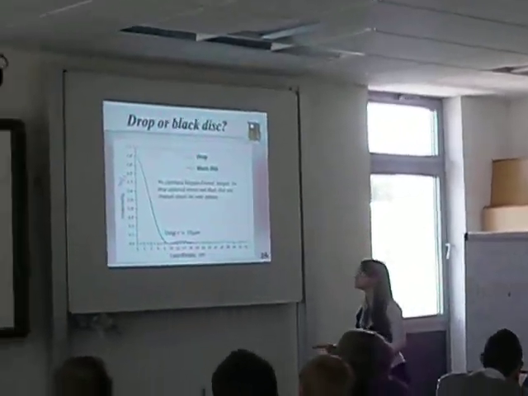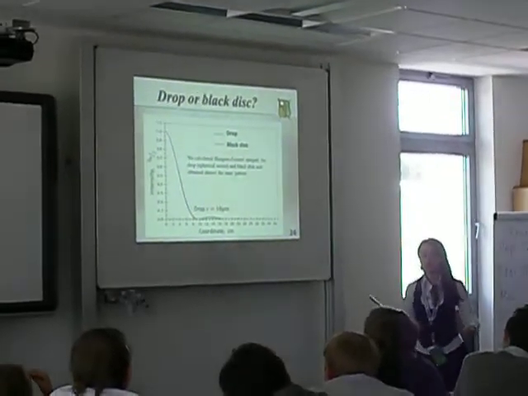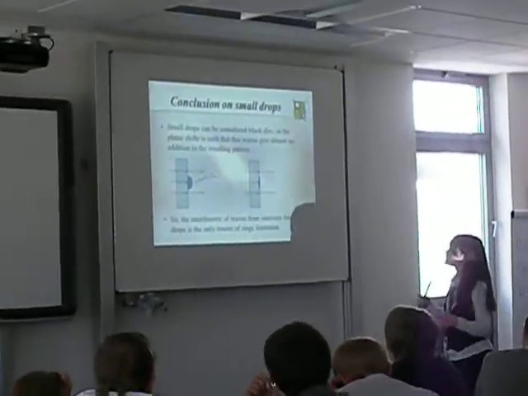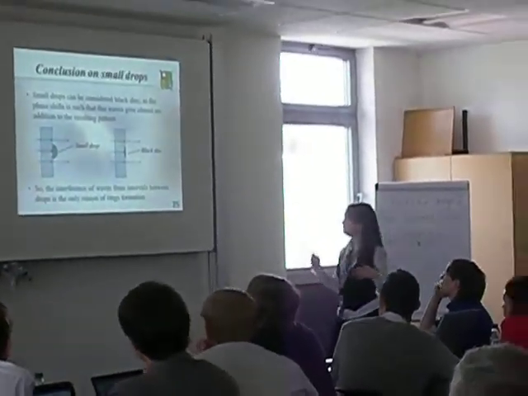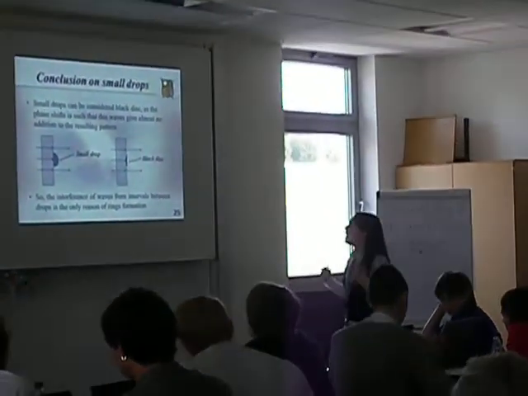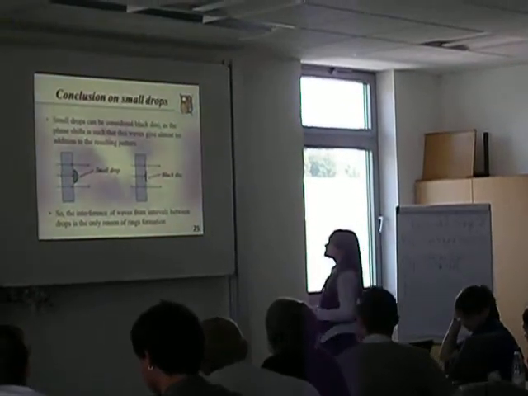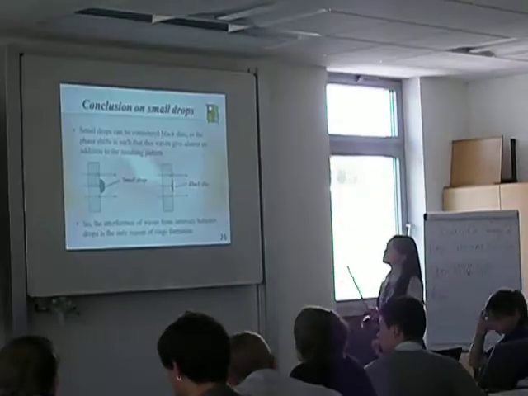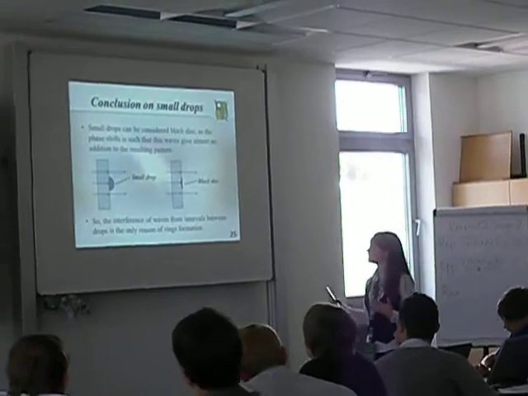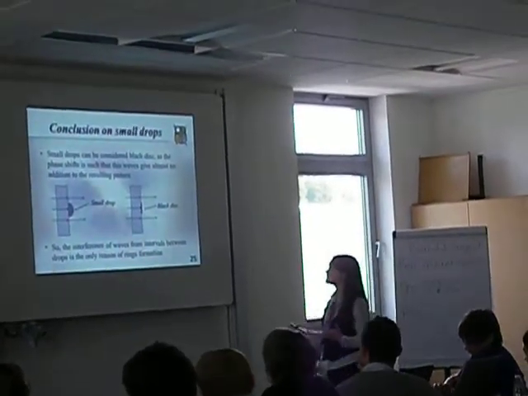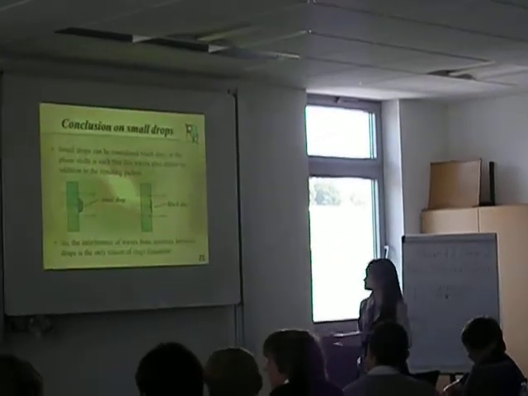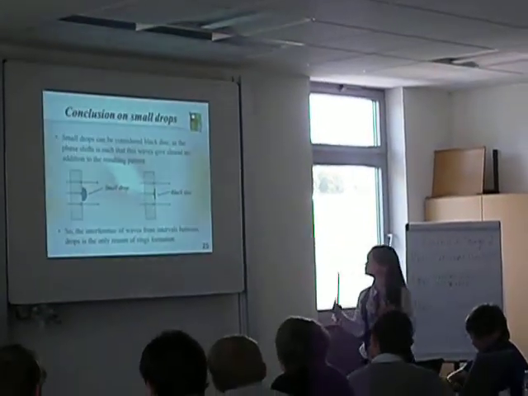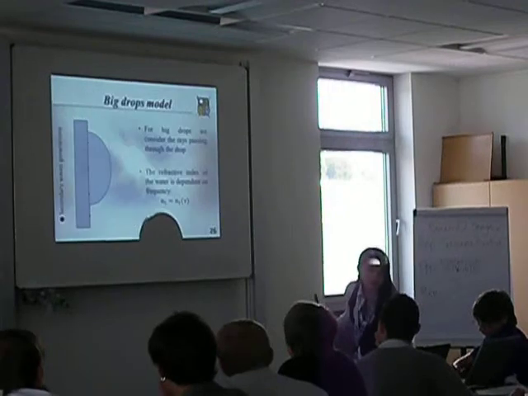That's why we can say that our theory really works, and we can say that a small drop can be considered as a black disk, as the phase shift is small, and this wave gives almost no addition to the resulting pattern. So the interference of waves from the intervals between drops is the only reason in this case.